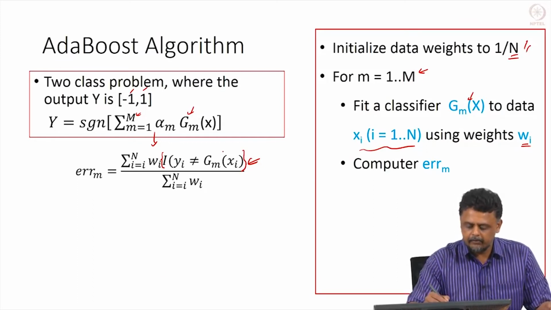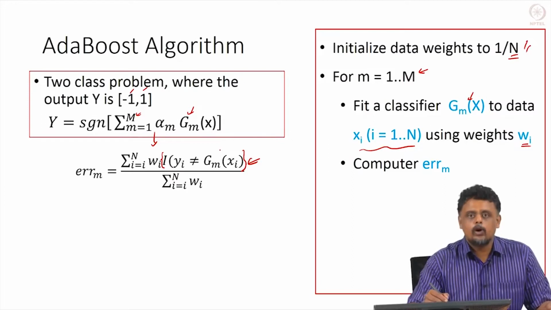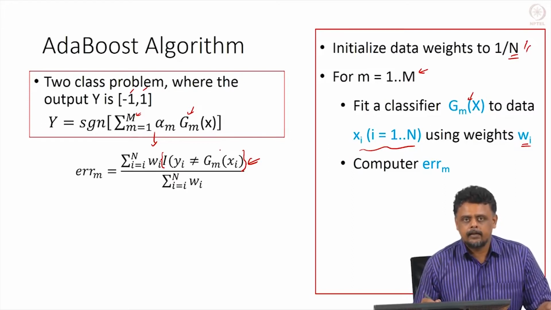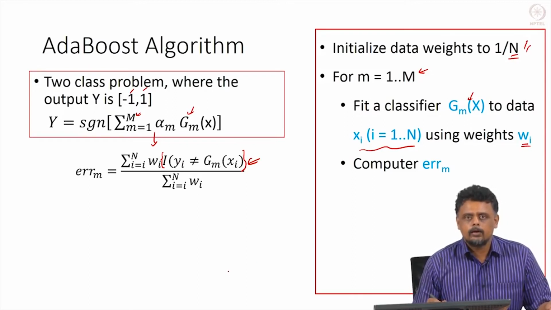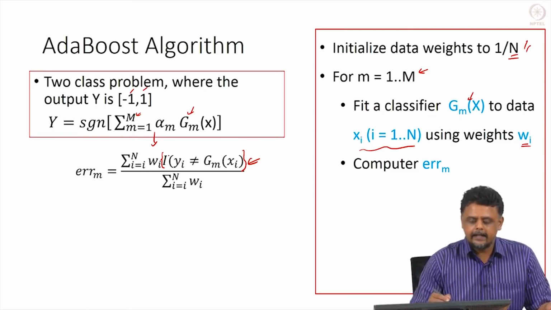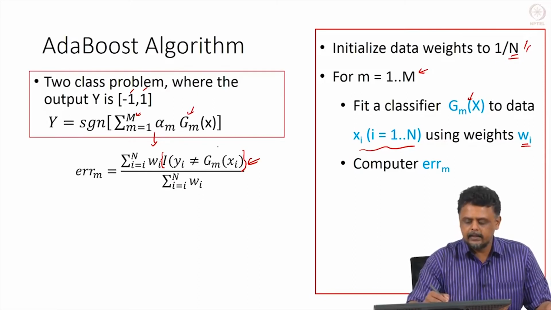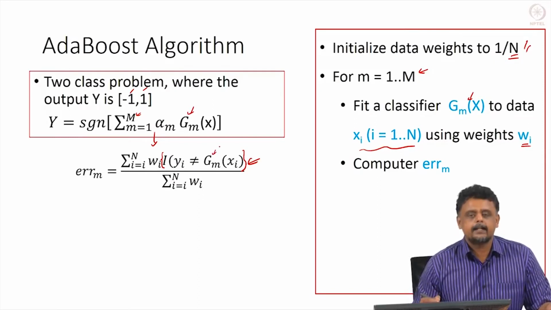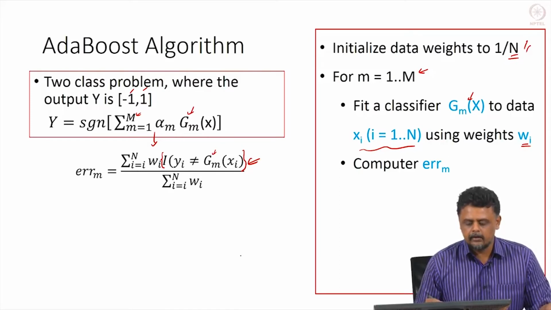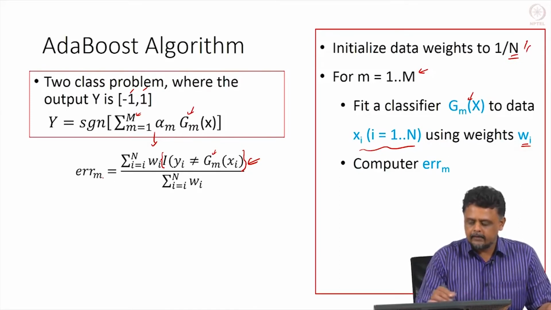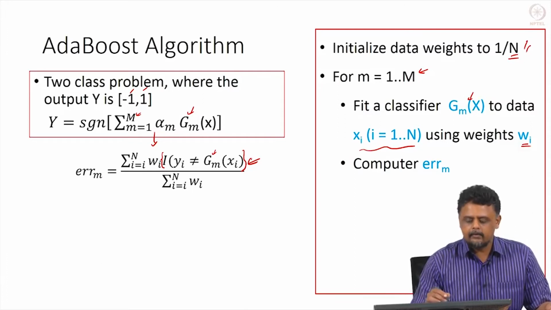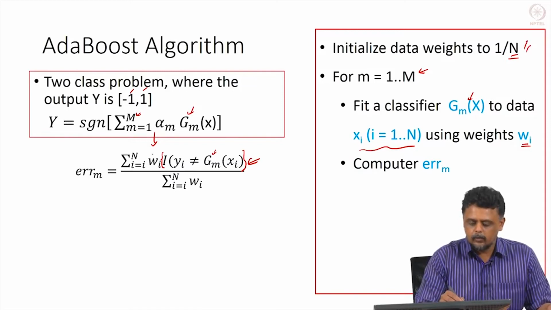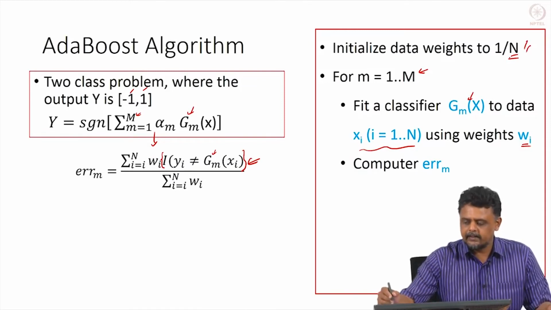GM of xi is the output of the mth classifier, and yi is the ground truth, and I is the indicator function. So, we are just counting the number of samples xi that have been misclassified by this GM. Okay. So, the error that we calculate for this classifier in the mth iteration is the weighted error based on the weights, which for the first iteration is 1 over n.